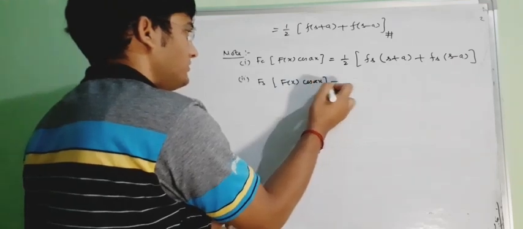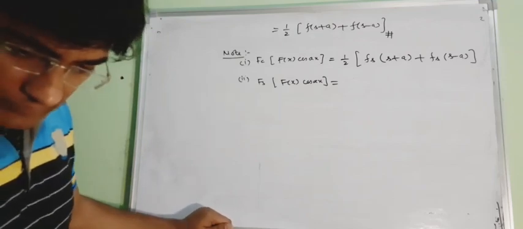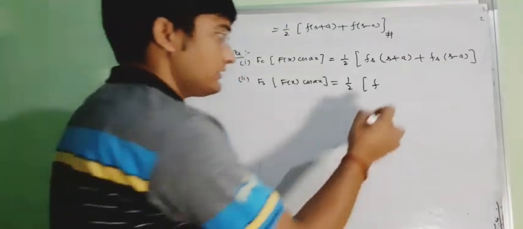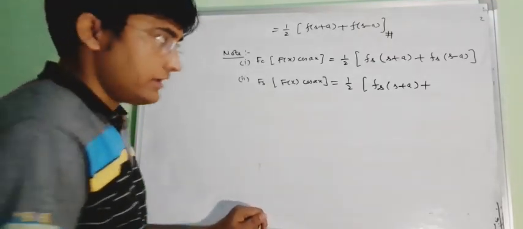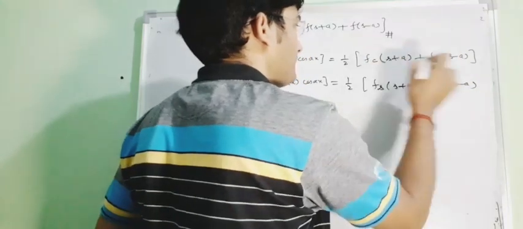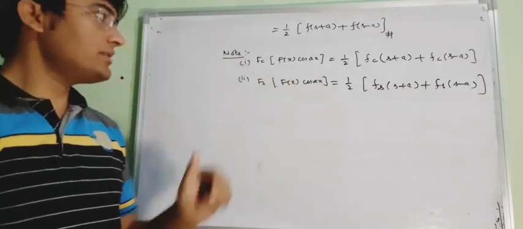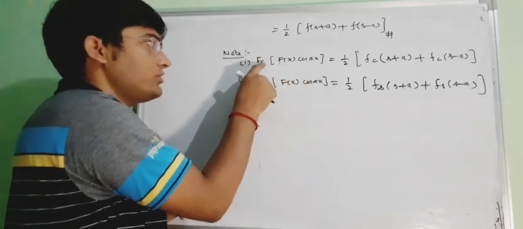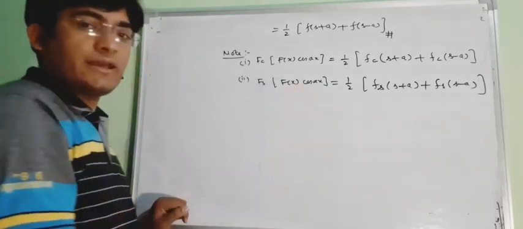The Fourier sine transformation of this will be half of F(s+a) plus F(s-a). I think here we will have the cosine transformation, so this will be F_c. Similarly, we can have two more formulae for f(x) sin ax. We can also find the Fourier cosine transformation of f(x) sin ax and the Fourier sine transformation of f(x) sin ax.